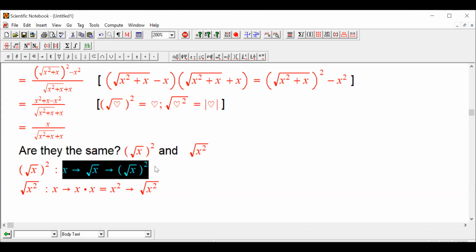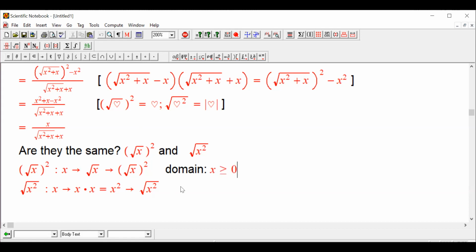Because of this order of operation, for the first one, the domain requires that x has to be greater than or equal to 0. The latter one, however, we take a root after the input is being squared.